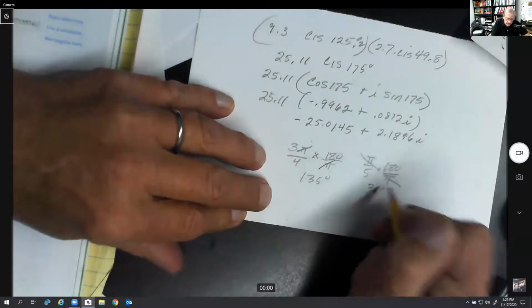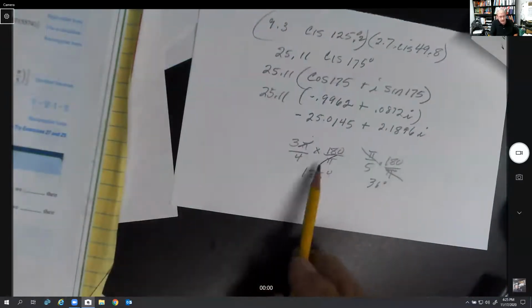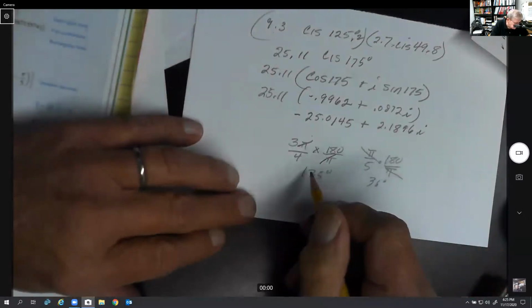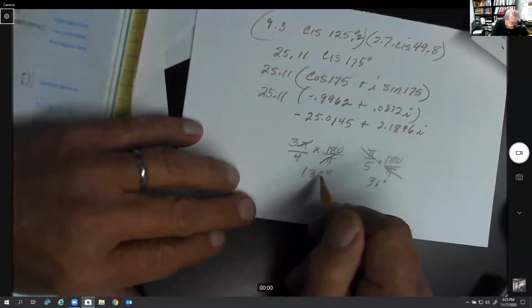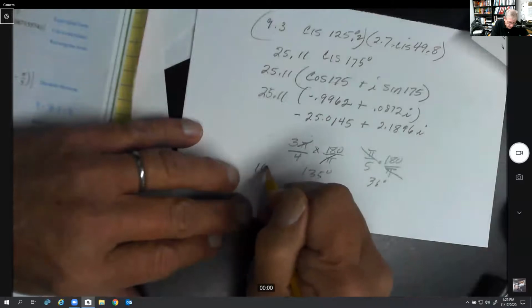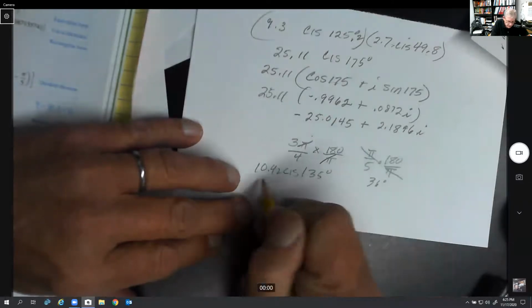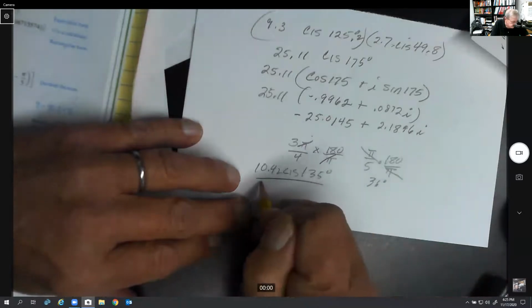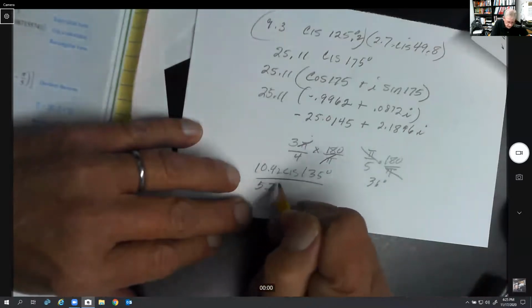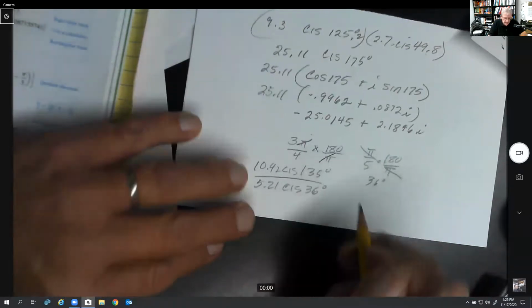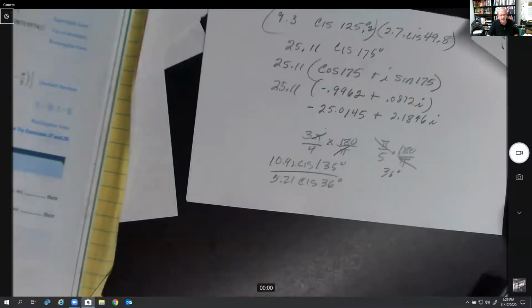So if you don't want to work with the radians and you want to convert them over to degrees, then this would be an easier way to do it. This would be 10.42 cis 135 divided by 5.21 cis 36 degrees. And it might be easier to use your calculator that way.